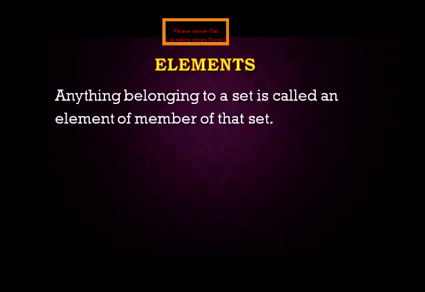elements. Anything belonging to a set is called an element or a member of that set. Anything which is written inside the set is known as elements, or we can call it a member of that set.